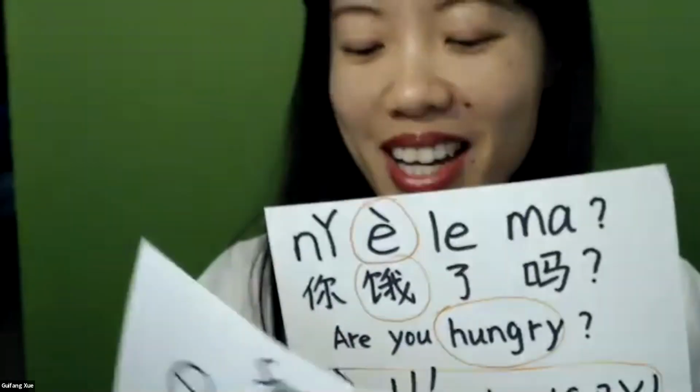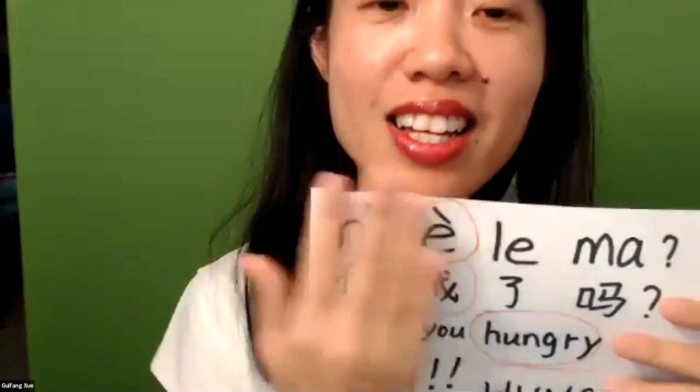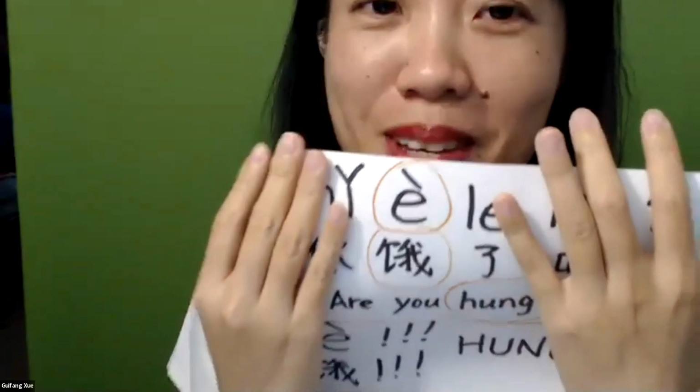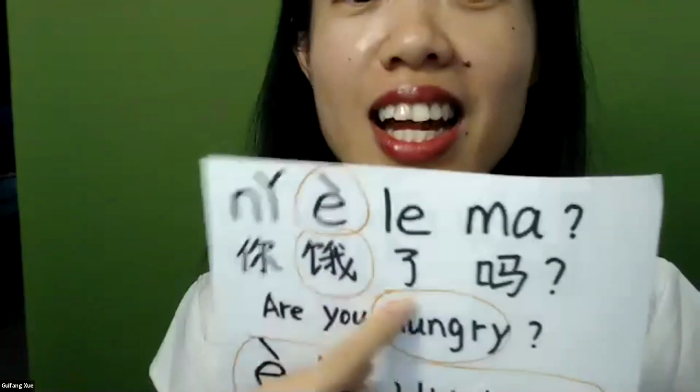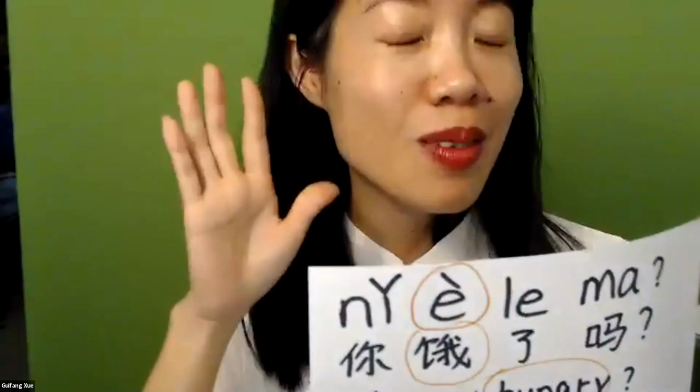And when I teach my kids, I will relate to this. Is that the pronunciation? It means hungry. So I will ask my students, 你饿了吗? Are you hungry? 你饿了吗? And I expect to hear their response to me.